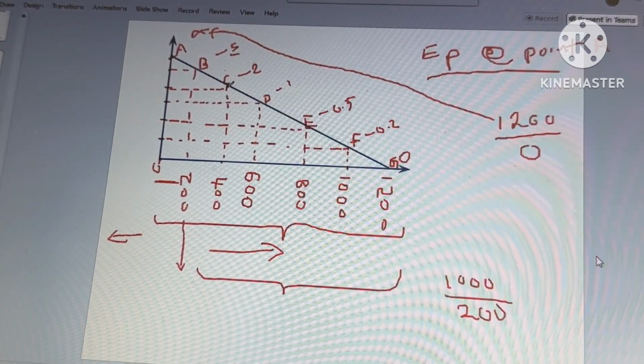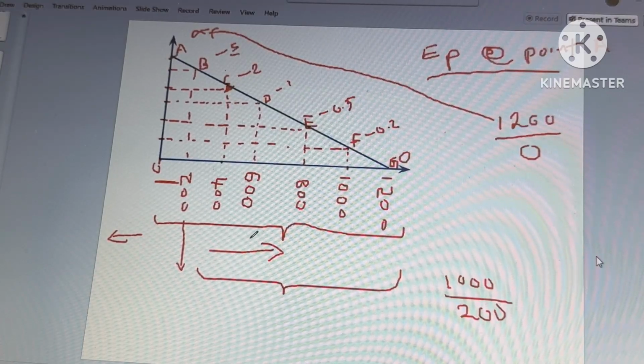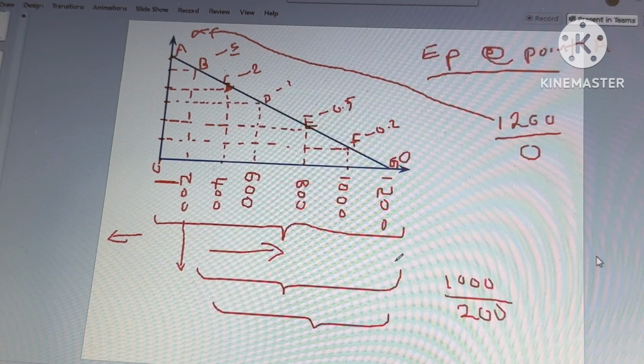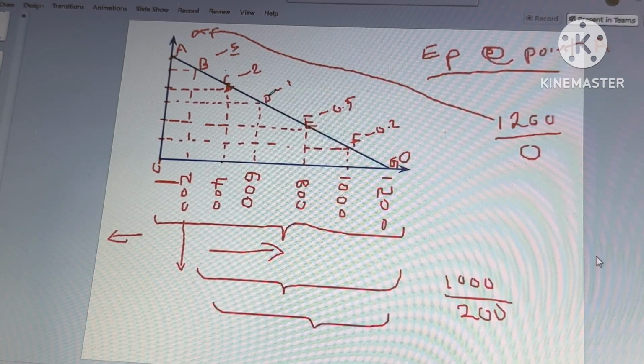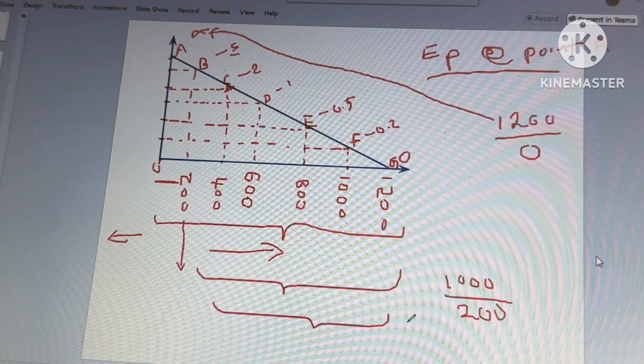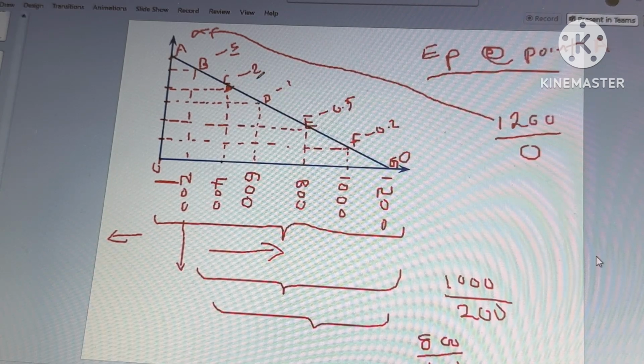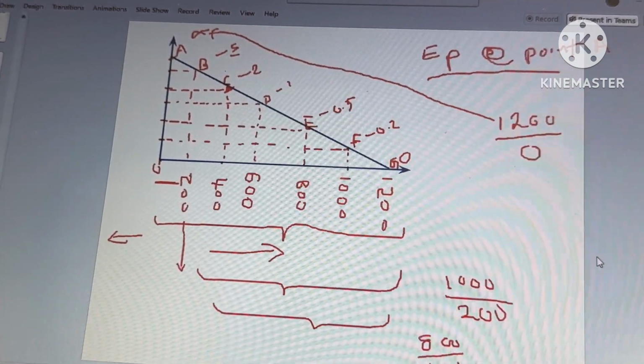And at point C, what is the right hand side segment? It should be minus, you have to put minus. Right hand side segment is 800. Left hand side is 400. Answer is minus 2. Okay.